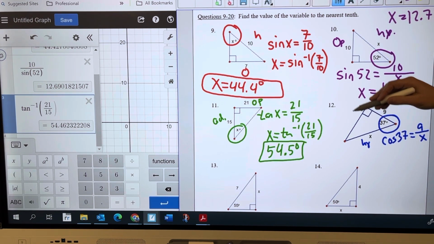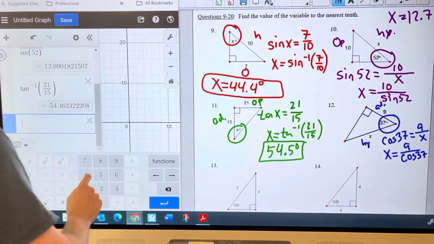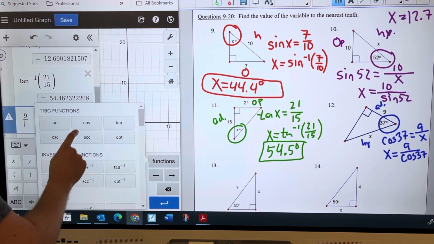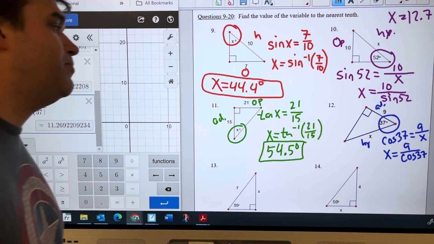Again, when x is in the denominator, we multiply, divide, so we end up with x equals 9 divided by cosine 37. 9 divided by cosine 37, functions cosine 37. 11.26 or 11.3.